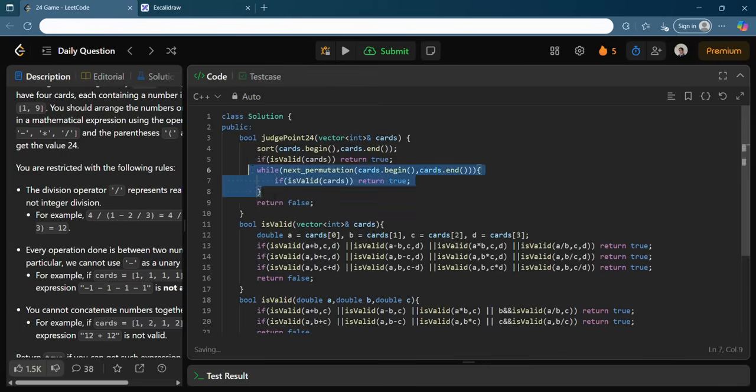So this valid function is called over all possible permutations. For instance, if the three numbers were 1, 2 and 3, the next lexicographically largest permutation will be 1, 3 and 2. Next will be something like 2, 1, 3, and so on. It will go on until it reaches 3, 2, 1.